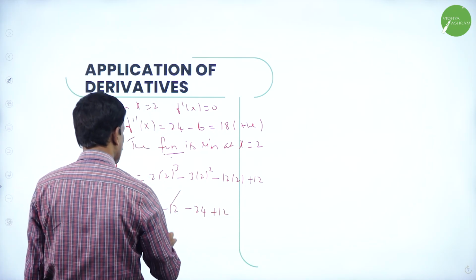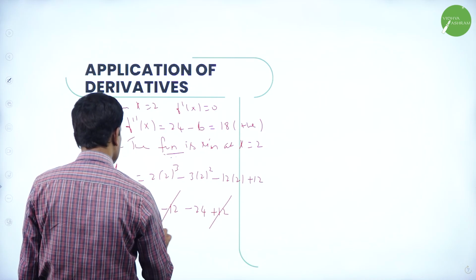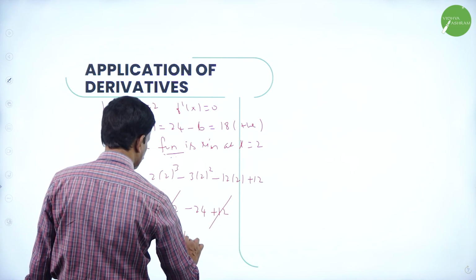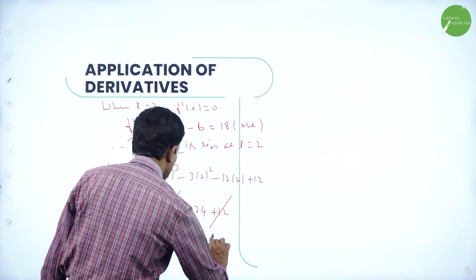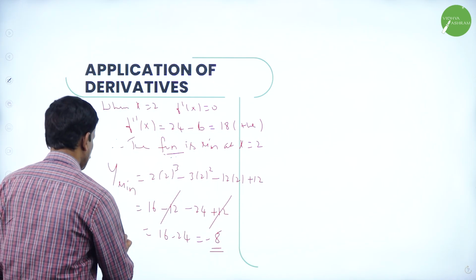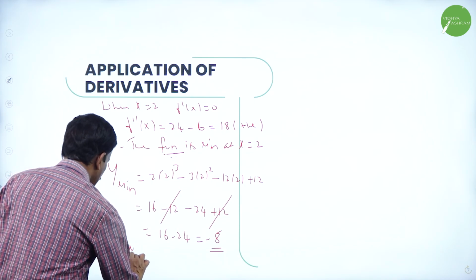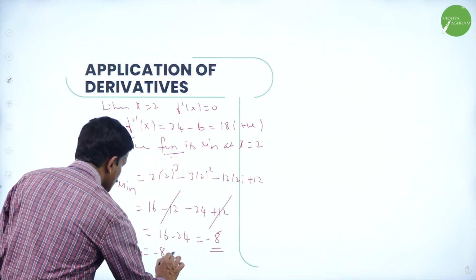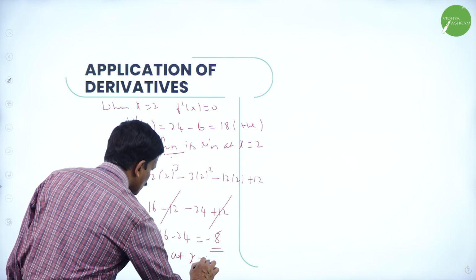So minus 12 plus 12 gets cancelled. 16 minus 24, that's equal to minus 8. So the minimum value is minus 8. Therefore, y minimum is equal to minus 8 at x is equal to 2.